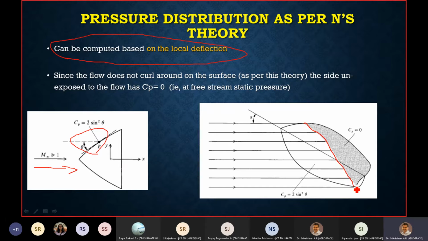Since it cannot curl around the body, the rearward surface is not exposed to the pressure at all. So it is a natural extension of Newton's theory to say that Cp on the other side is 0. The facing side has the value of Cp, which we estimated as 2 sine squared theta, and on the other side the flow cannot reach because it just becomes tangential and doesn't have momentum to curl around. So the other side has Cp equals 0. That is what is schematically shown in this picture.